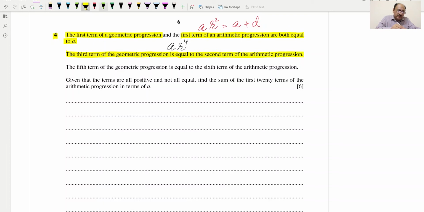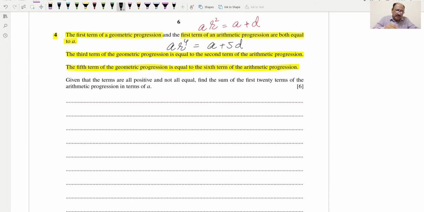So this is equal to a plus 5d, because this is the third term of geometric progression is equal to the second term of arithmetic progression. And then they are saying the fifth term of geometric progression is equal to the sixth term of arithmetic progression.